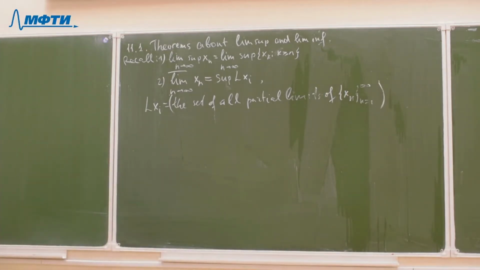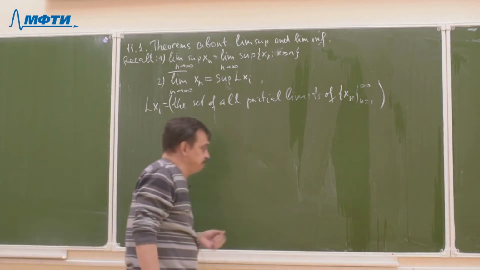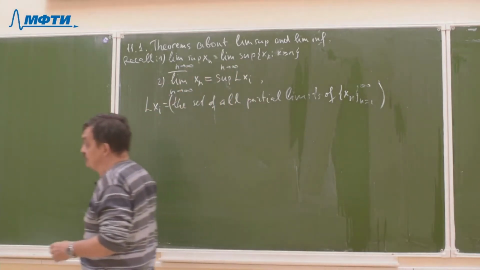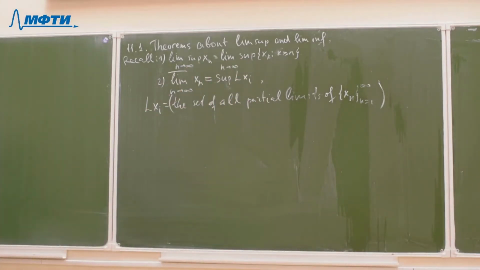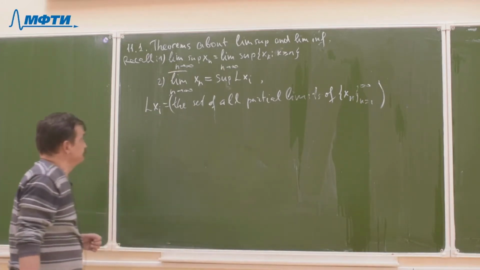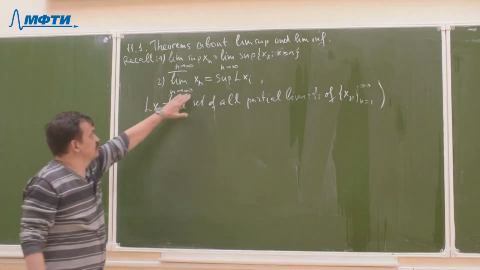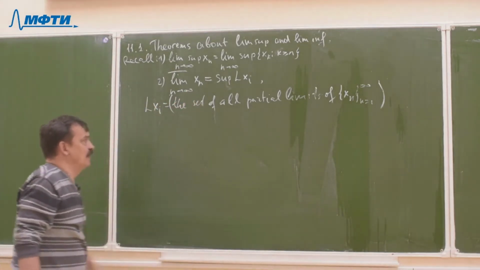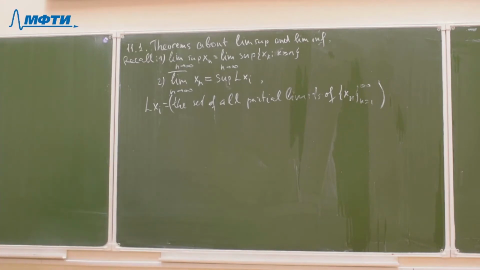So these are two definitions, and both numbers are defined certainly for an arbitrary bounded sequence, because if a sequence xn is bounded, then this is not empty according to Bolzano-Weierstrass.